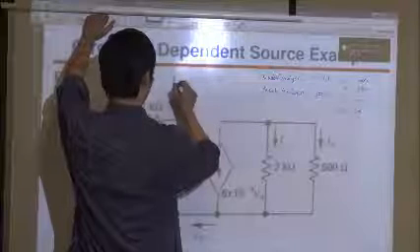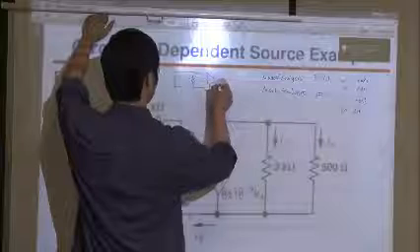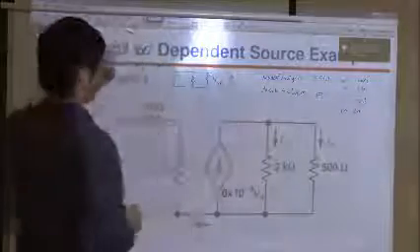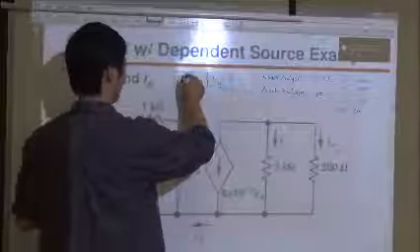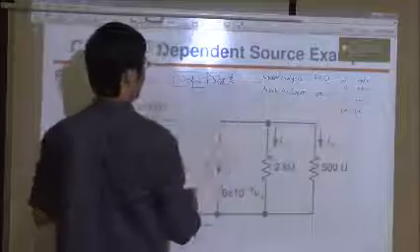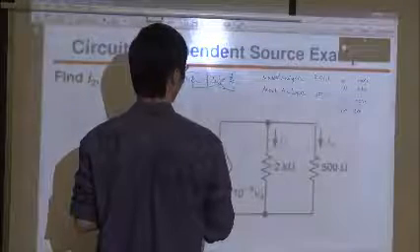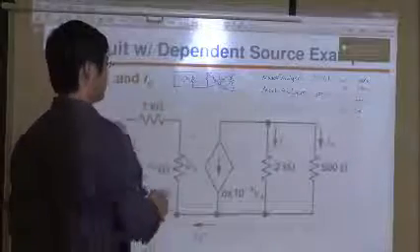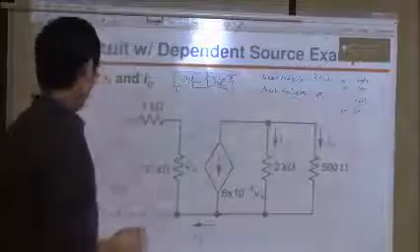Some examples where you should use nodal: if you have something like this with many meshes, it's messy. You have 1, 2, 3, 4 meshes for this one, so it's much easier to write nodal equations, since you have just this node and this node.